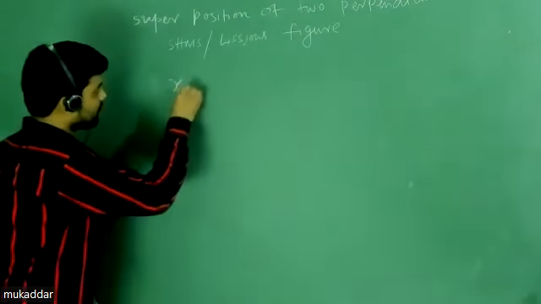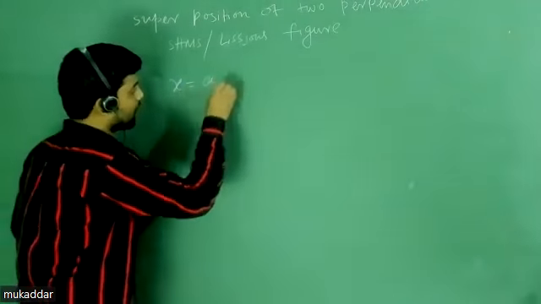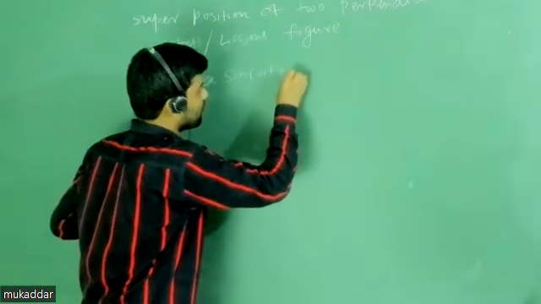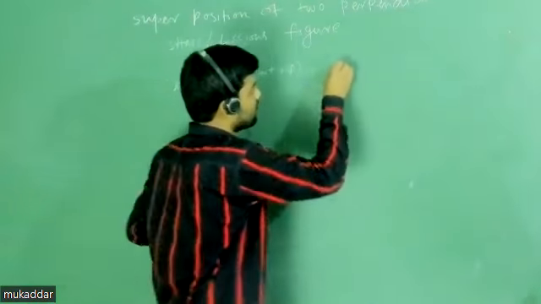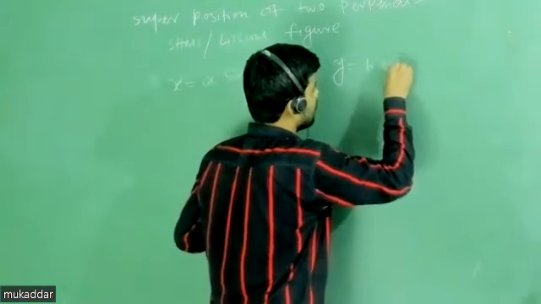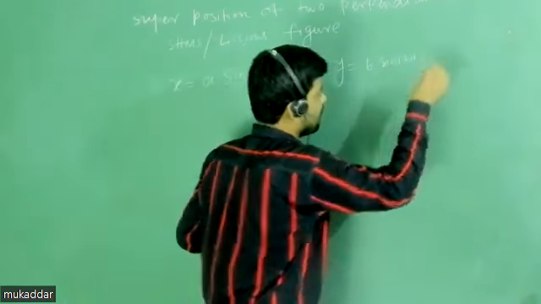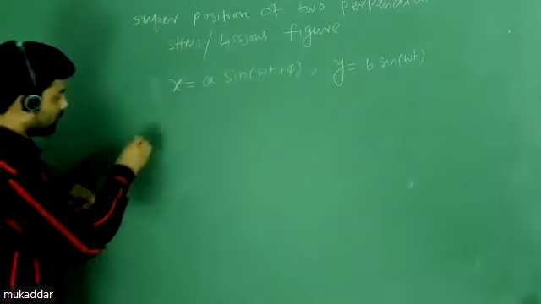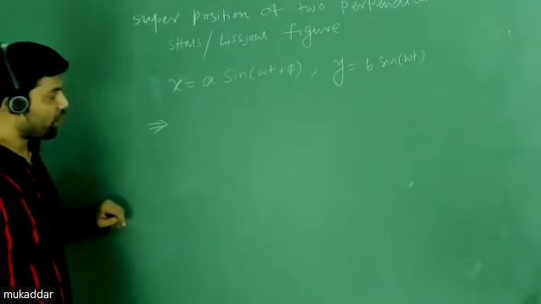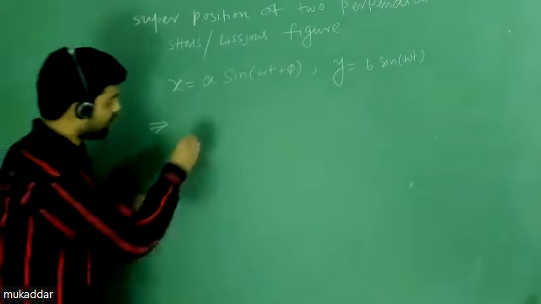One is along the x direction having amplitude A and frequency omega with initial phase phi, and the other is along the y direction having amplitude B and frequency omega with initial phase 0. So you have two perpendicular SHMs. If you place a particle into them, it will follow this kind of trajectory.